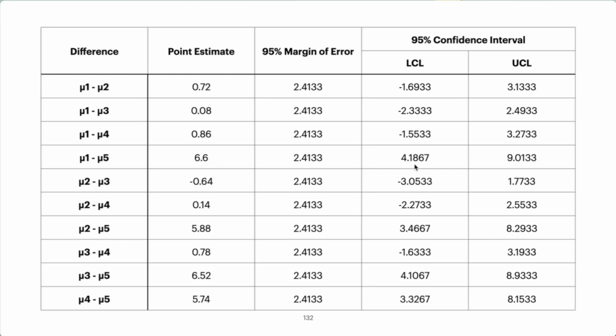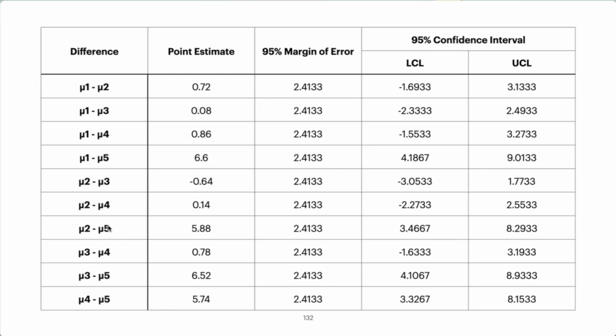The 95% confidence interval for the difference ranges from 4.1867 up to 9.0133. Notice that 0 is not in this interval, and so we would conclude that treatment mean 1 is different than treatment mean 5 at the 0.05 level of significance.